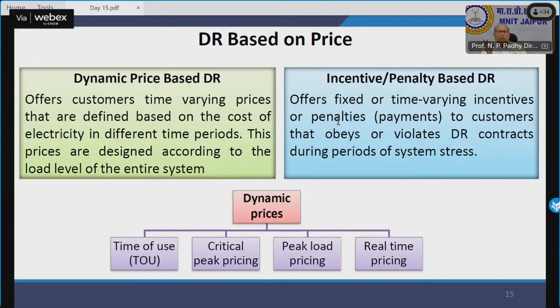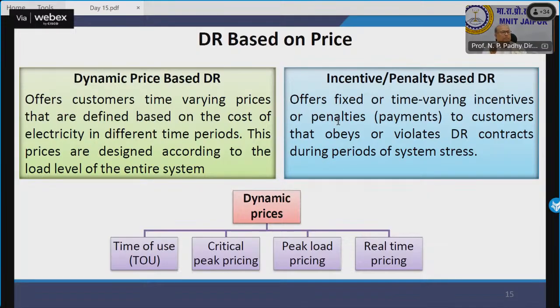Now, there are two different demand response activities based on price. One we call dynamic pricing based demand response, which means you can have a variable price around the day, and depending upon the price at a given point of time, people can act. Or we can say if you behave in a particular way, then an incentive will be given or a penalty will be given.